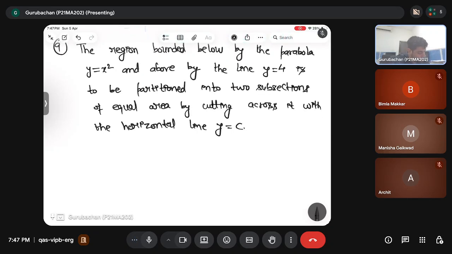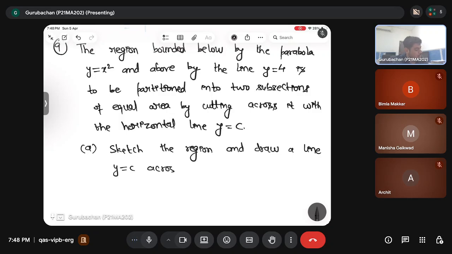So the first part: sketch the region and draw a line y equal to c across it. That looks about right.